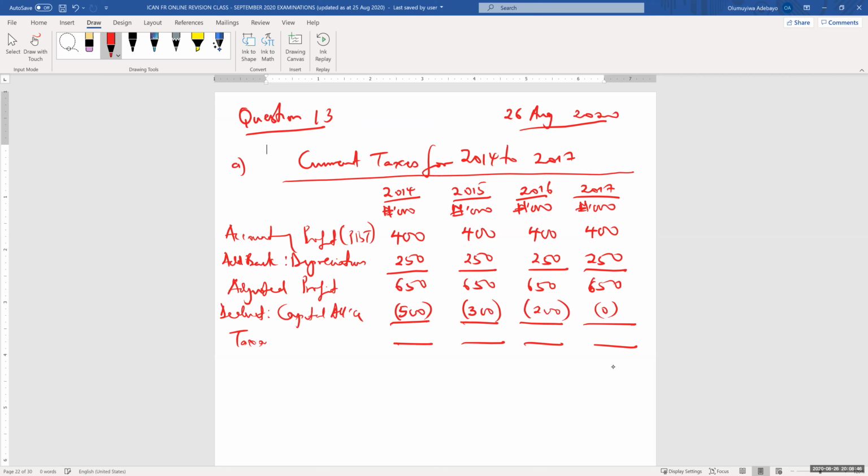Then we obtain our taxable profits: 150 in year 1, 350 in year 2, 450 in year 3, and 650 in year 4.